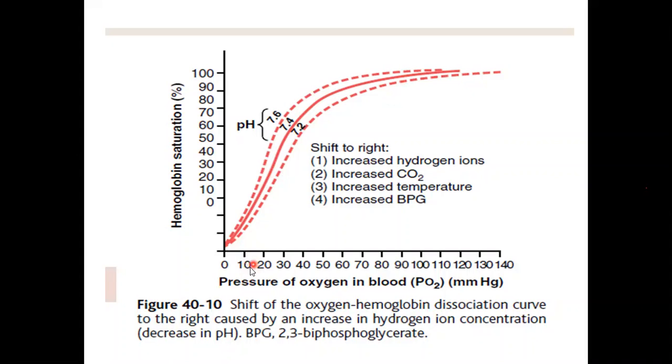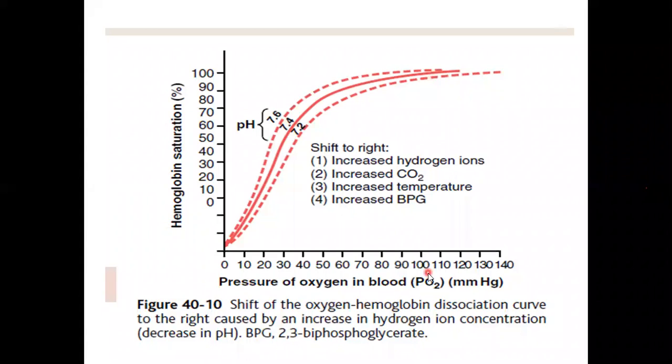If you see here, we are increasing the partial pressure of the oxygen, and you see at around 100 mm of Hg, you see how much hemoglobin is saturated. So here almost the maximum amount of hemoglobin is saturated. That means around 97% of the hemoglobin gets saturated.